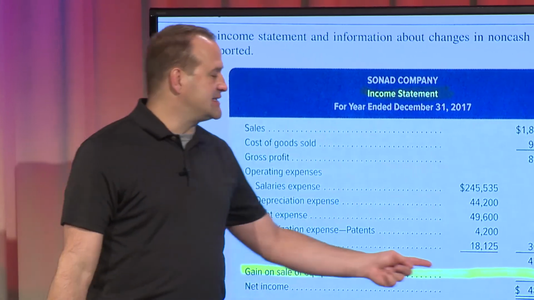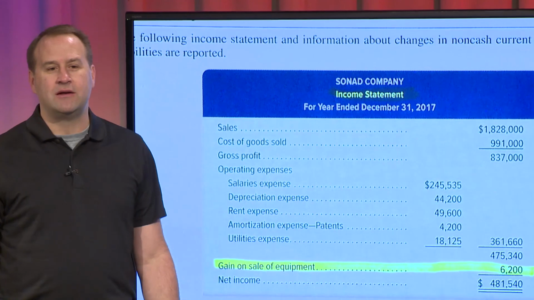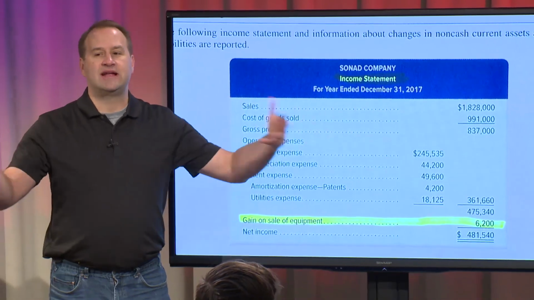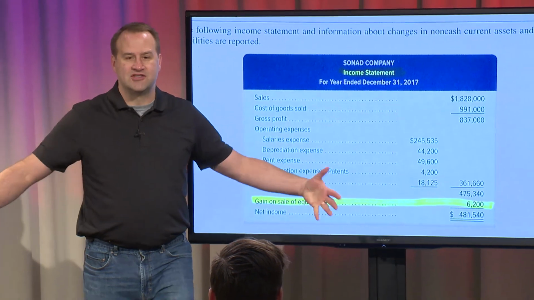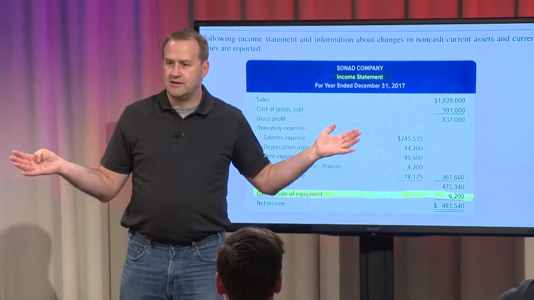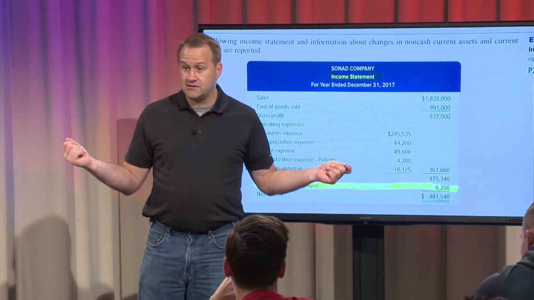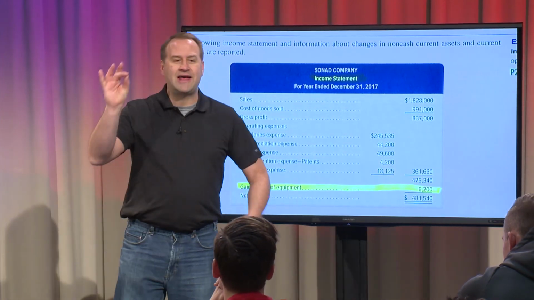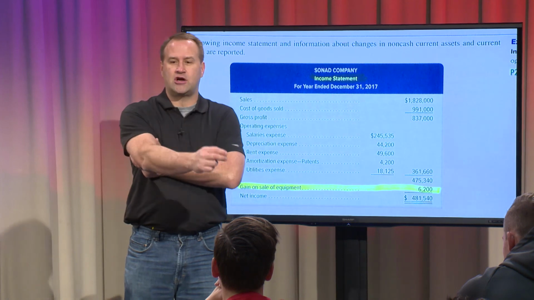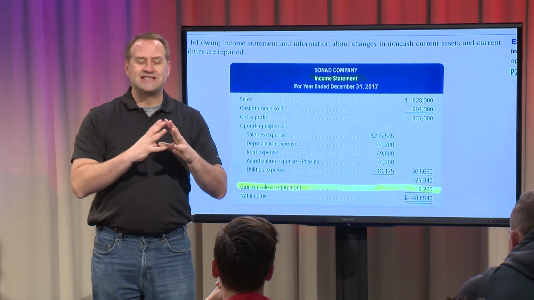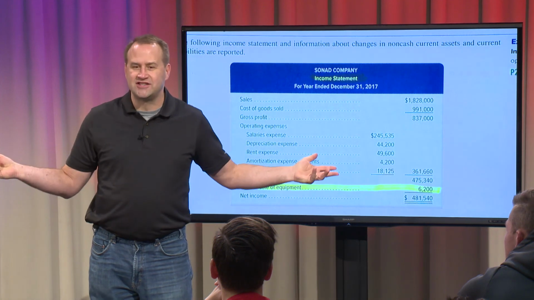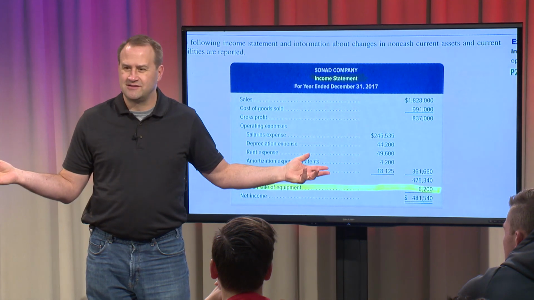This gain on sale of equipment. Now, this is equipment. We don't know what type of company this is, but maybe it's a landscaping company, and they decided to sell one of their trucks. And they have a gain on that. Okay? And we'll see how that can be computed. But do you see how that gain on that sale of that truck for that landscaping business, that's not really a transaction that's in the normal course of business, is it?